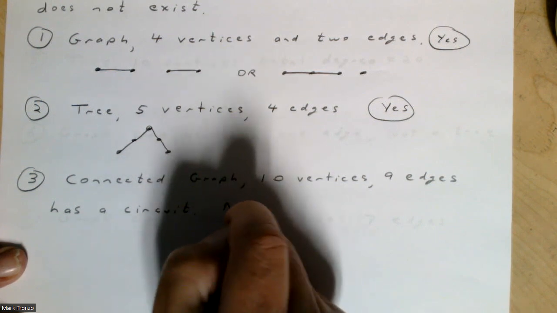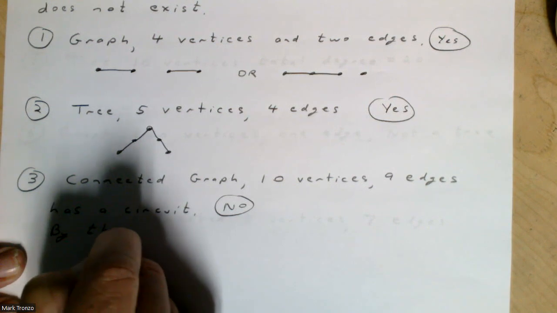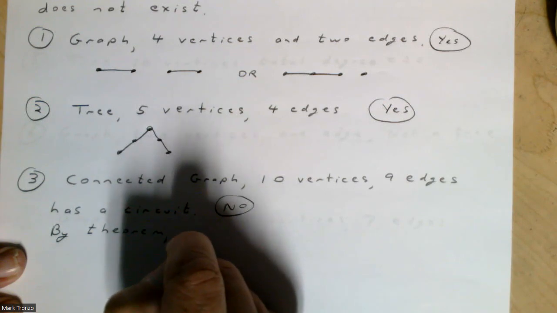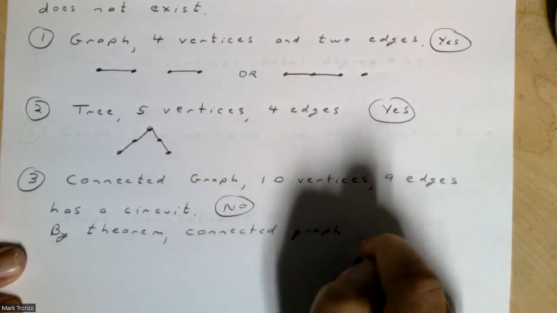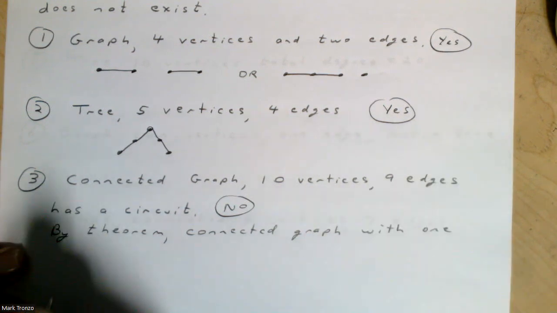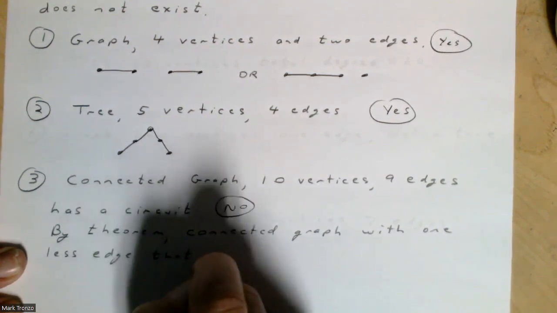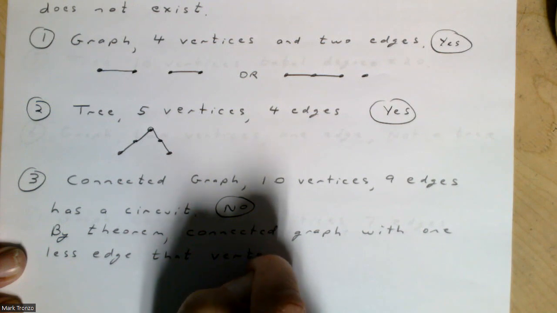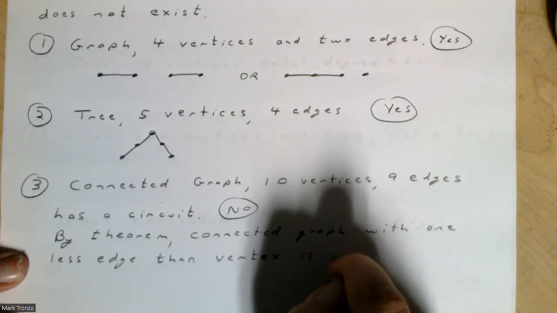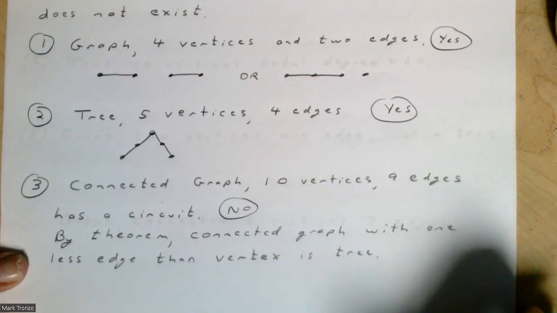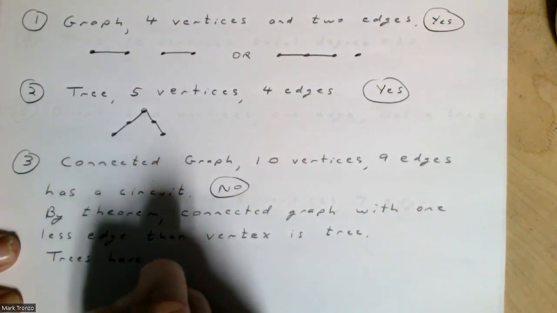Now this one's going to be no, because by the theorem, a connected graph with 1 less edge, n minus 1 edges with n vertices, 1 less edge than vertex is a tree, and trees have no circuits.